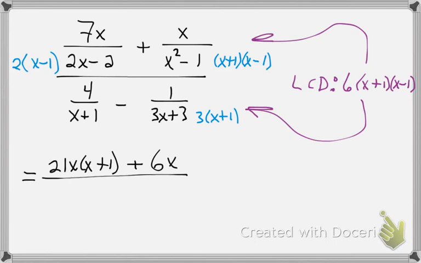All right, denominator. 4 over x plus 1. What's going to happen here? What cancels? Just the x plus 1. So I have 6, x minus 1 times 4. What's that going to be? 24, x minus 1.